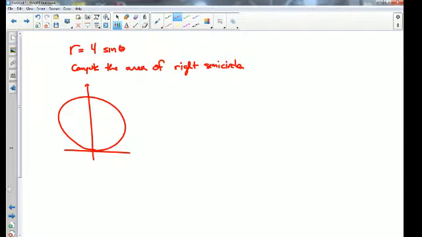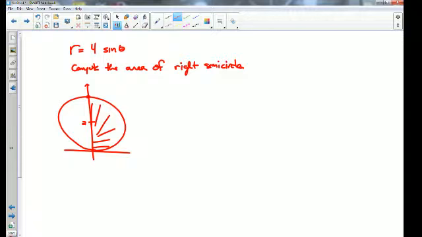So what point is that? If we want the area of the right semicircle, this circle has a diameter of 4. We want to calculate the area in there.